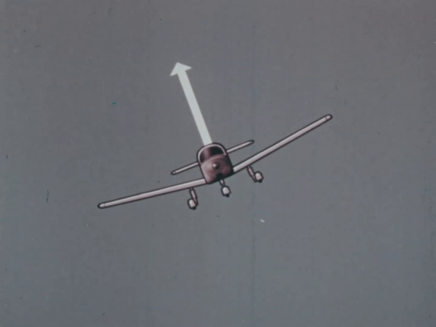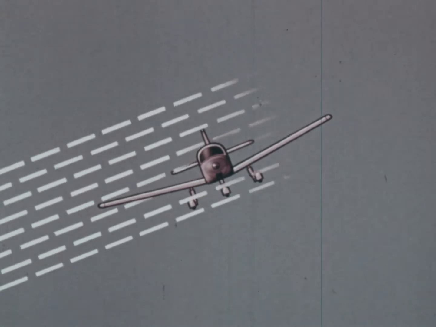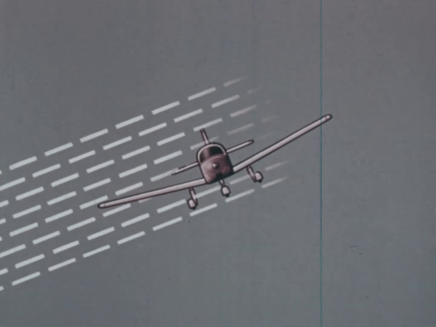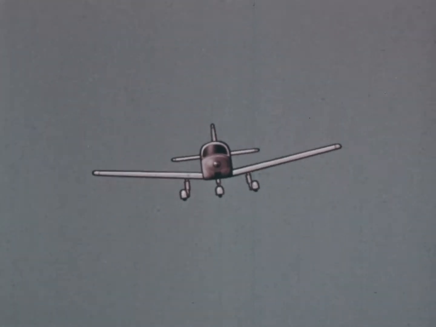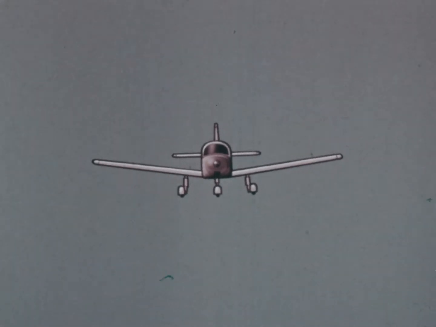Lift is now acting slightly in the direction of the roll, and weight acts downward, so the airplane side slips. Thanks to the dihedral, the relative airflow now strikes the lower wing at an angle of attack greater than that at which it strikes the upper wing, which will be slightly blanketed by the fuselage if the side slip persists. Once again, the pilot must correct the slip and level the wings.